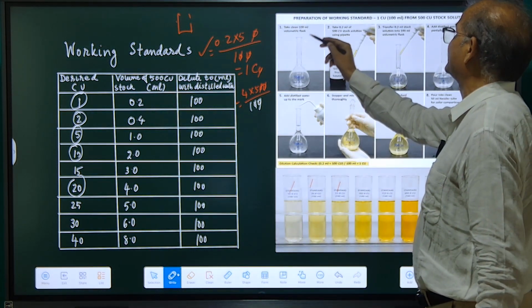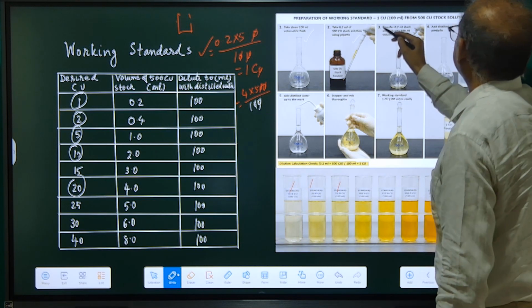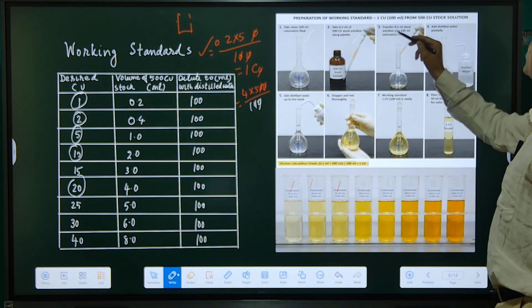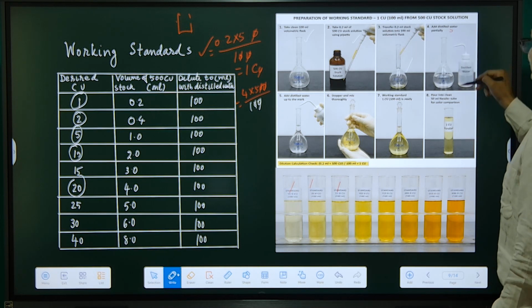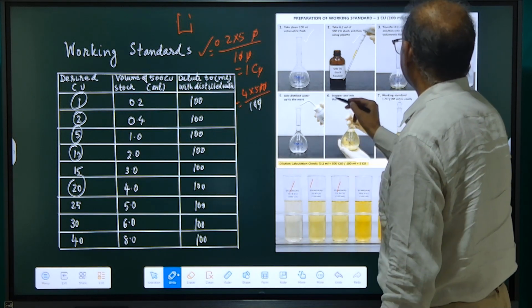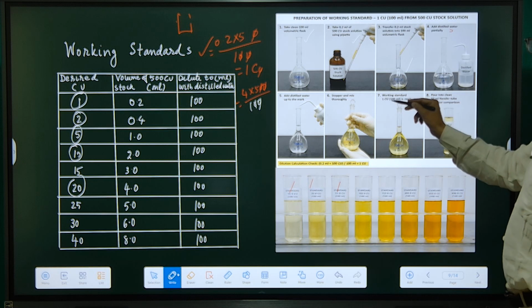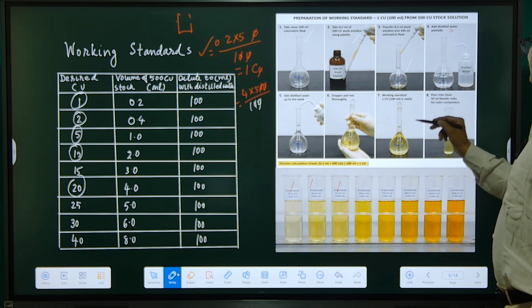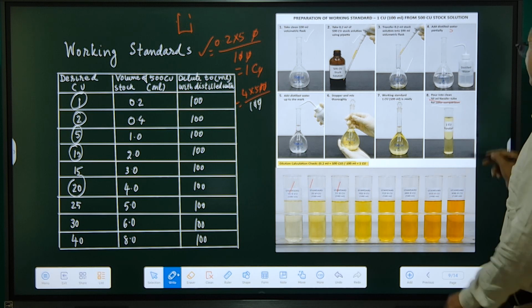Take a 100 ml volumetric flask, transfer 0.2 ml of the 500 CU stock solution into the 100 ml volumetric flask, add distilled water partially, then add distilled water up to the mark, stopper and mix thoroughly. Working standard 1 CU, 100 ml is ready. Pour into a clean 50 ml Nessler tube for the color comparison.